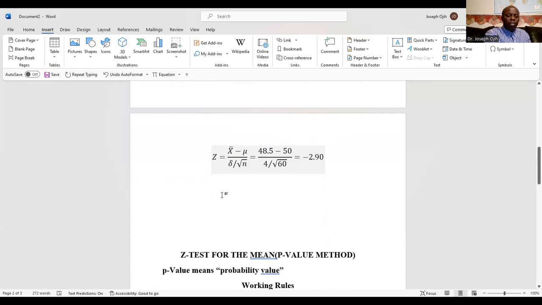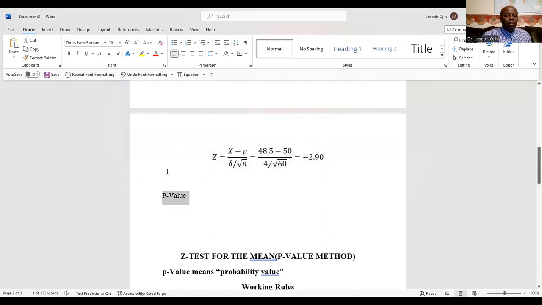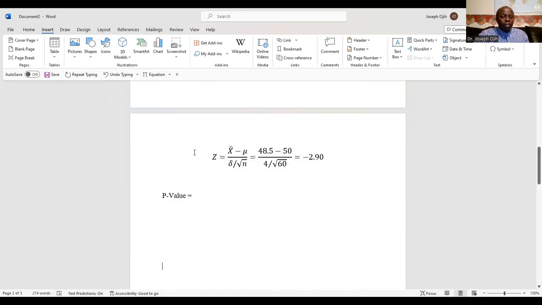To find the p-value, I'm going to make this less bold, so make it 16. Now to find it, first of all, we draw our chart. Remember, our z is negative 2.90.